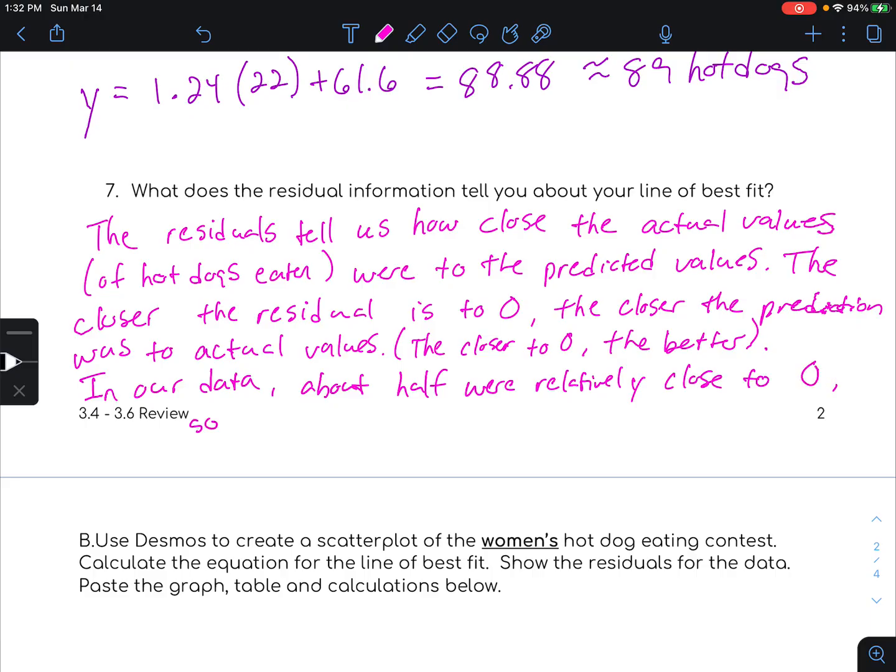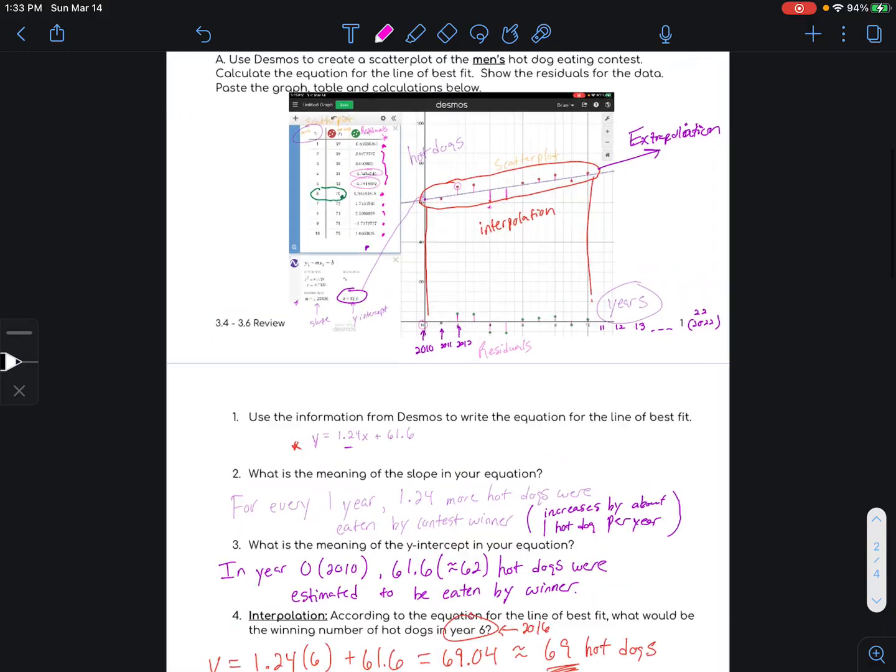So the line was relatively close to the data points. You know, it wasn't great as I looked at this line.